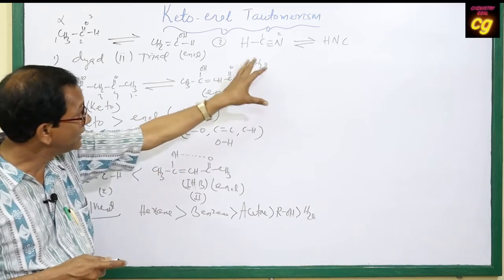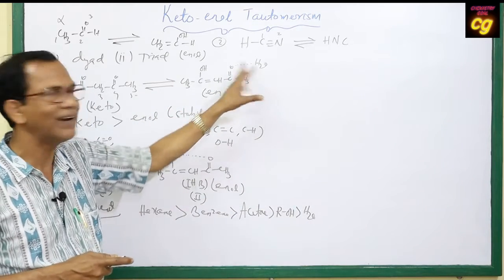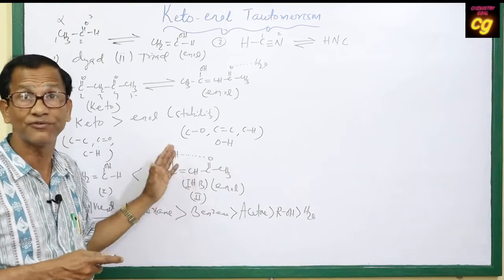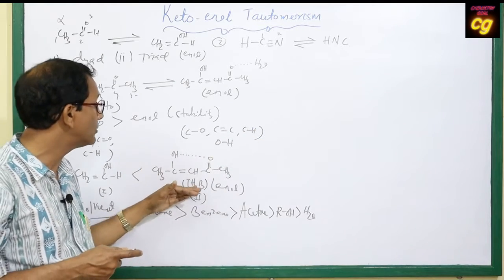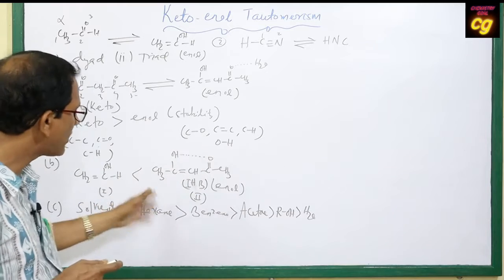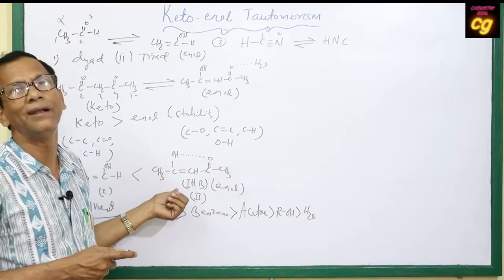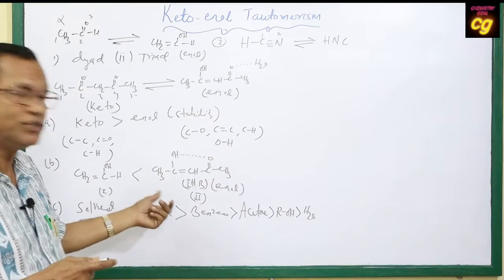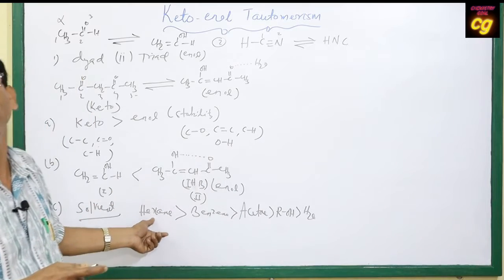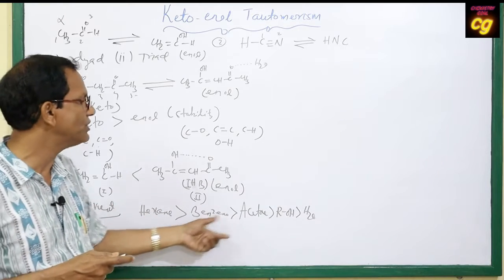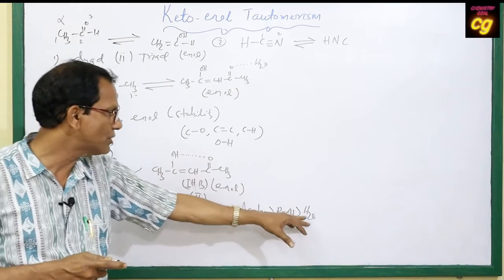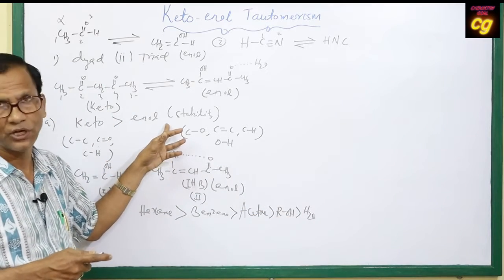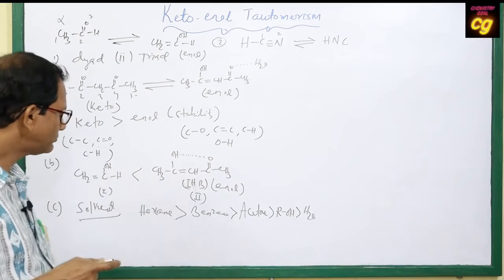So in the presence of a polar solvent like water, the intramolecular hydrogen bonding will be prevented. That's why the stability of enol will be decreased. The stability of enol is more in nonpolar solvents like hexane and benzene, but in polar solvents the stability of enol is very less. So you have to remember these things.